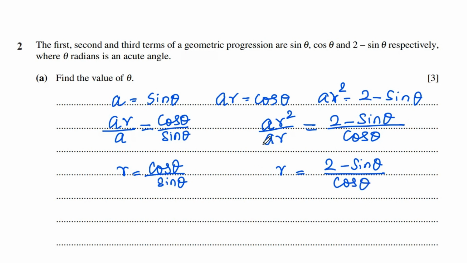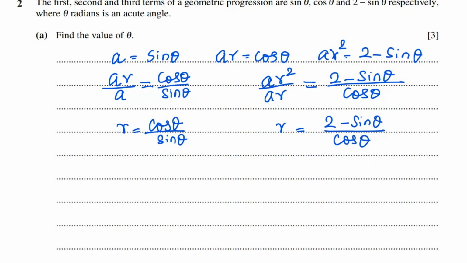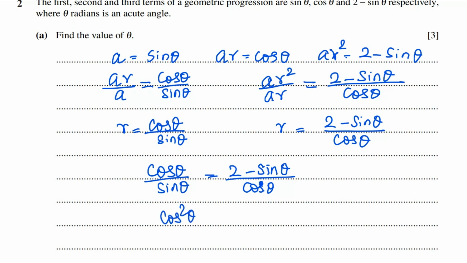Let's equate both the R values. So cos theta divided by sine theta equal to 2 minus sine theta divided by cos theta. Let's cross multiply this one. So cos square theta equal to 2 sine theta minus sine square theta.